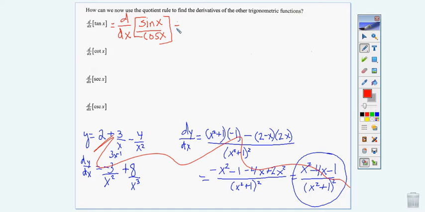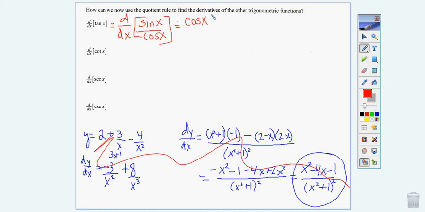So now, what is this? Low d high minus high d low, square the bottom and away we go. So when we're doing this now, low, cosine of x, times the derivative of high, or the derivative of the top, following your formula. Hopefully you're looking at your formula, the quotient rule, for how to do this.